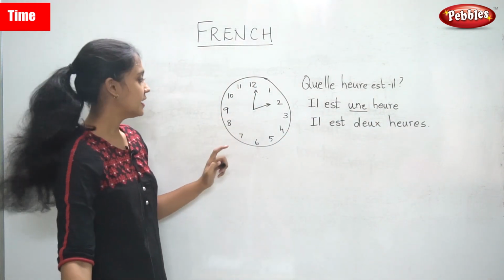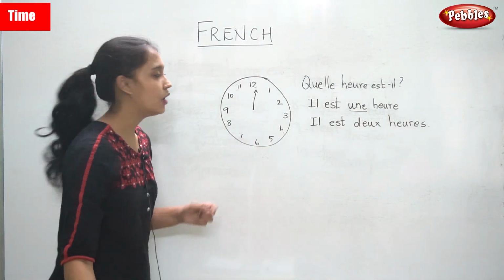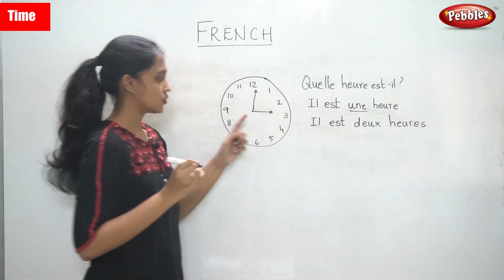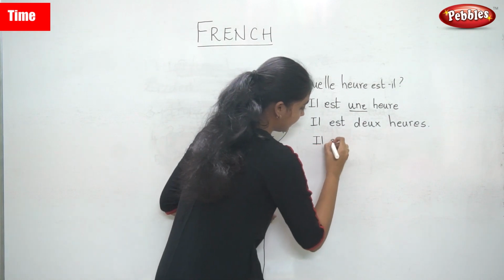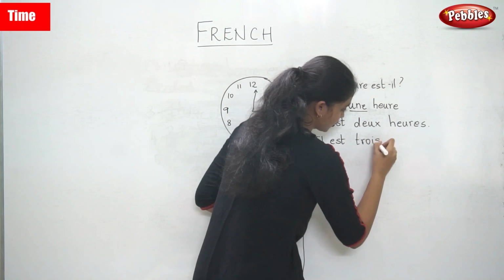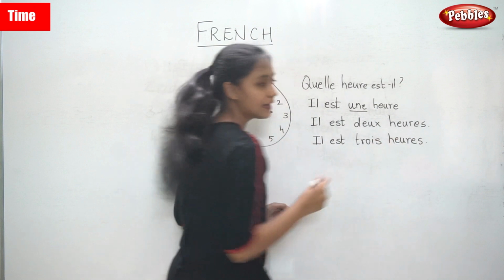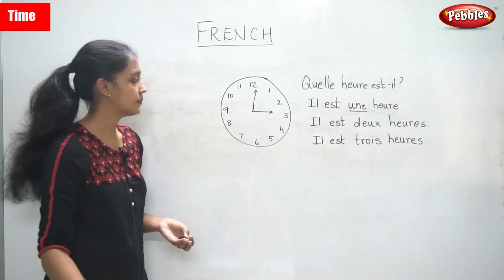Now, the next one. So you would have guessed how the remaining comes. So when it is 3 o'clock, you say trois heures. It is 3 o'clock.